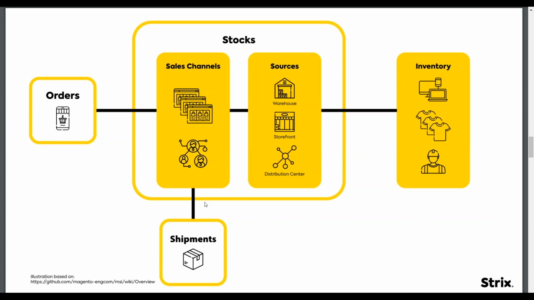From now it's represented by the so-called salable quantity, and thanks to that you can configure backorders, you can configure pre-orders, you can implement many models that can manipulate your stock representation.